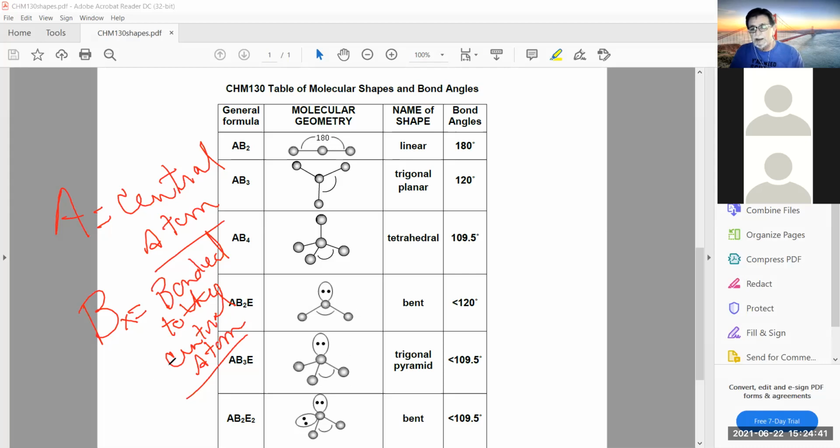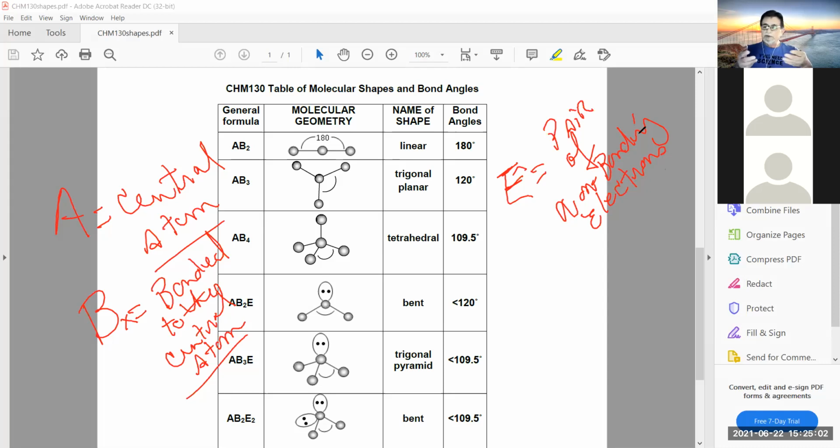And then E, the letter E, represents a pair of non-bonding electrons. Earlier I talked about a pair of electrons that actually form a bond, but there are a pair of electrons that do not form a bond and just simply sit on the central atom.